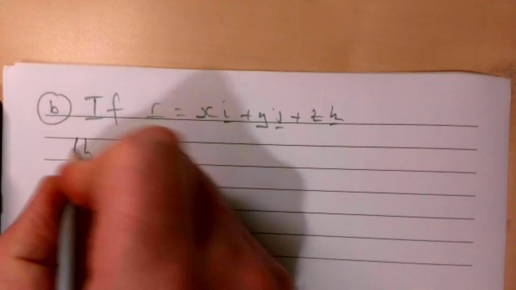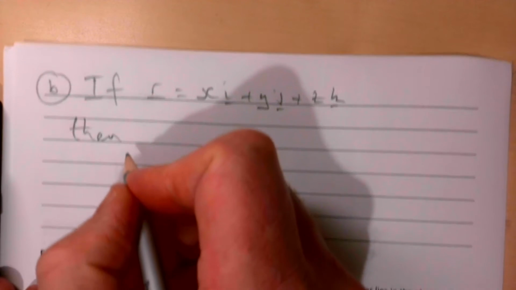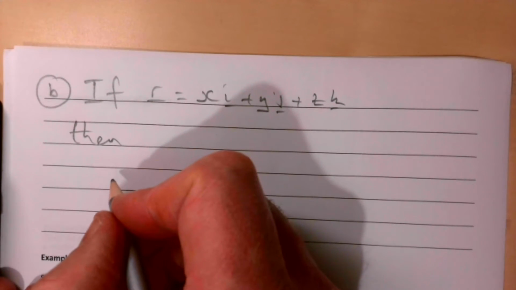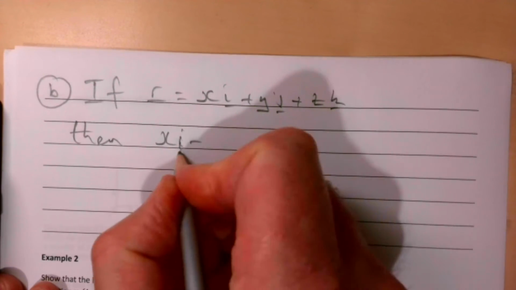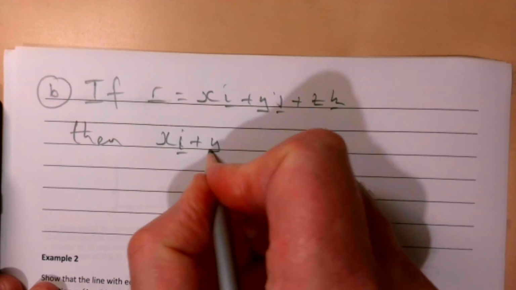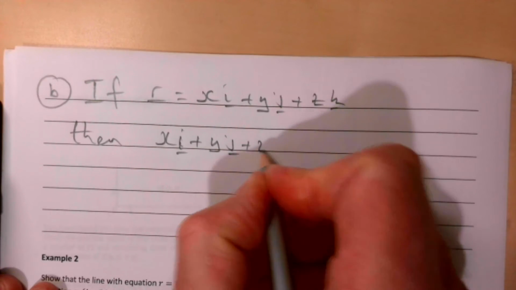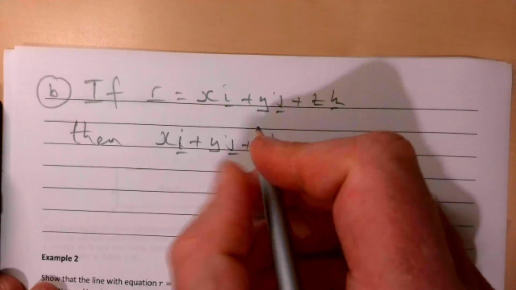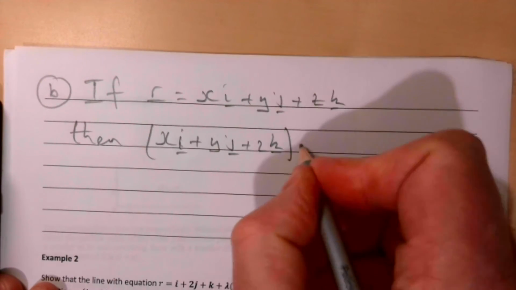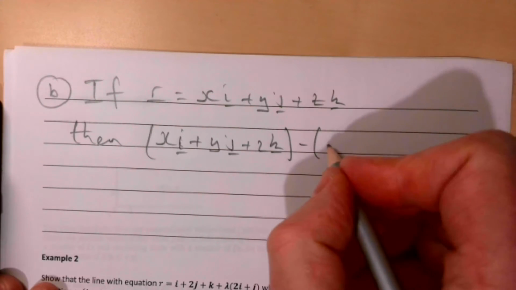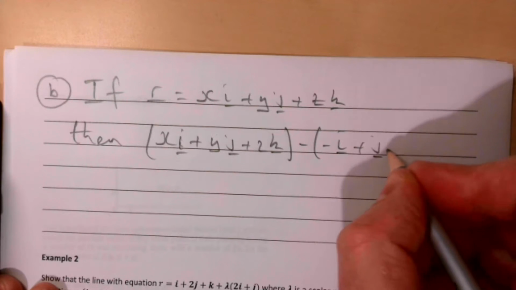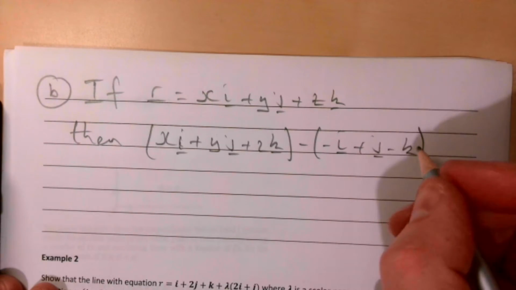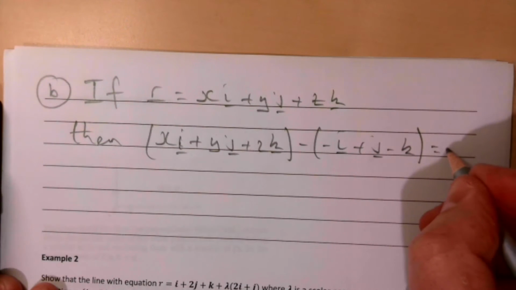then xi plus yj plus zk, dot minus i plus j minus k equals minus 4.